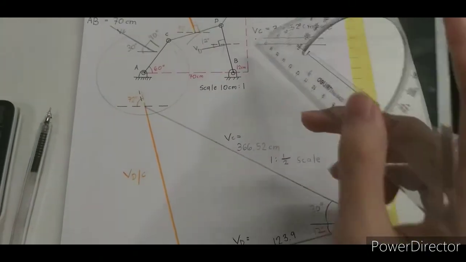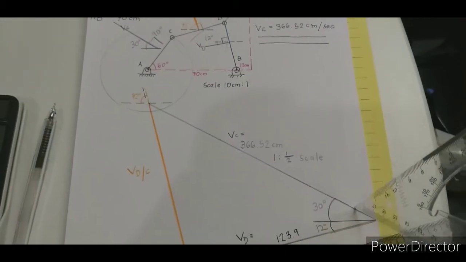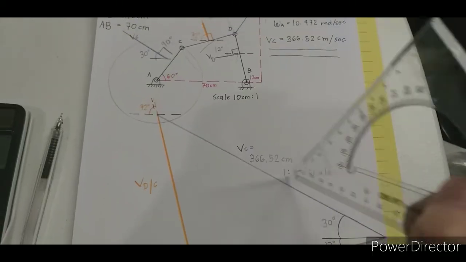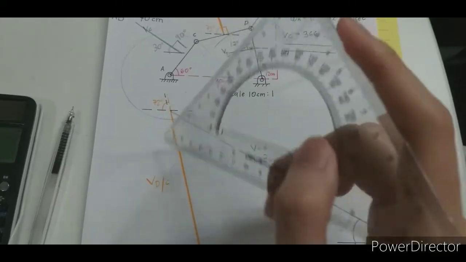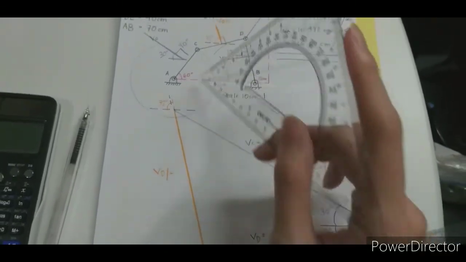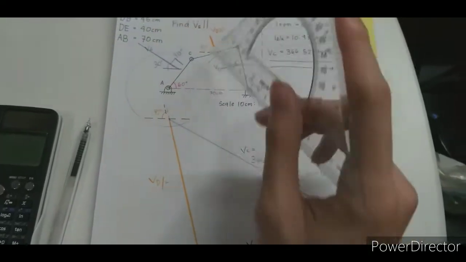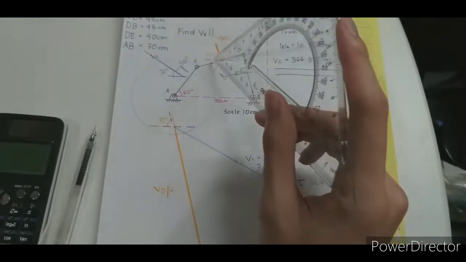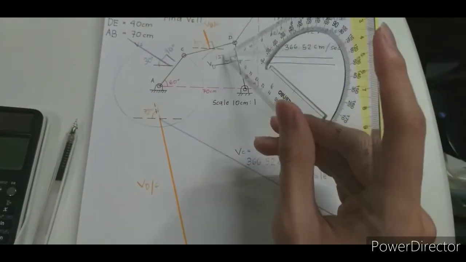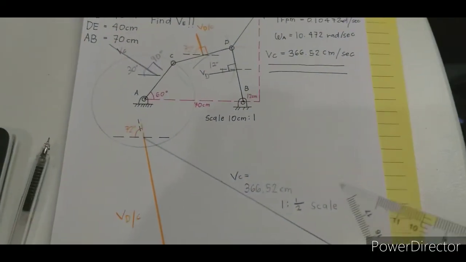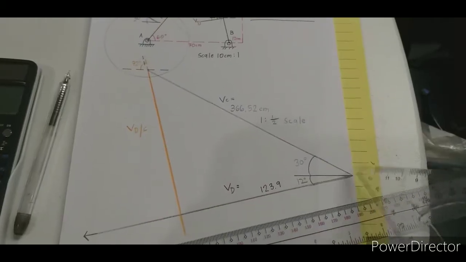figure. Okay, so we're gonna have the velocity of D from the origin, and then from velocity of C, we're gonna draw straight from here the velocity of D with respect to joint C. The velocity of D in respect to C. So we just copy these angles, 12 degrees and 72 degrees, and we project it straight onto this figure.